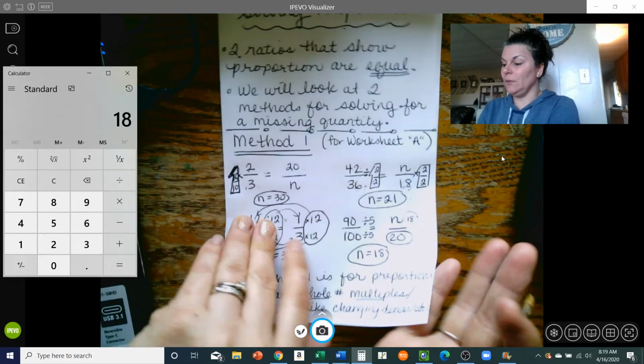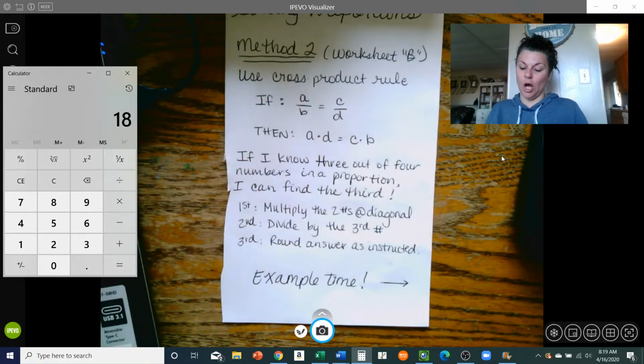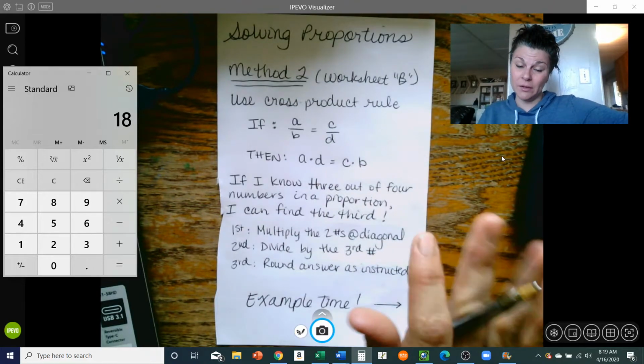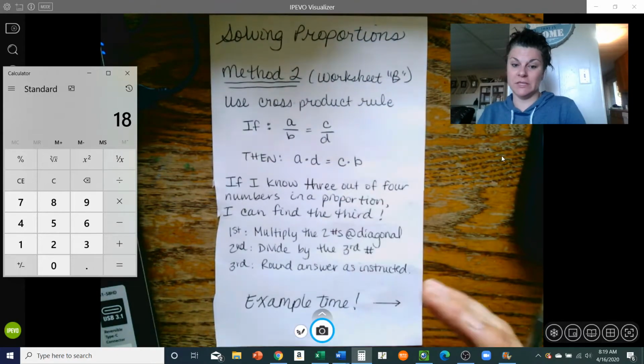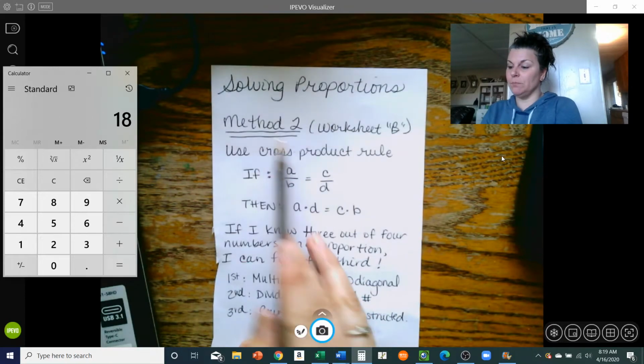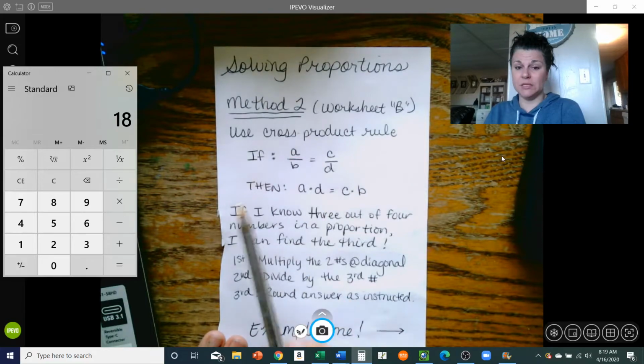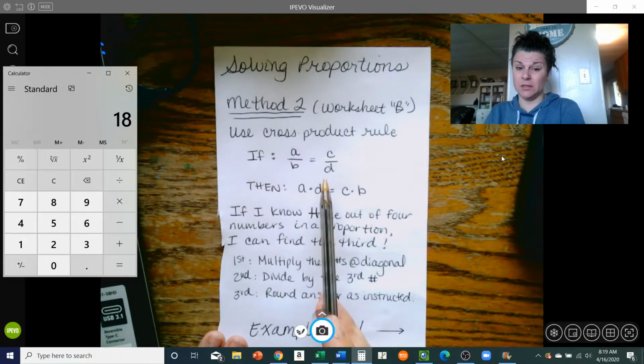So now we're going to look at the method that always, always, always works. Absolutely no matter what. I'll even show you with those easy ones. So method 2, this is for worksheet B. You use the cross product rule, which we've talked about.